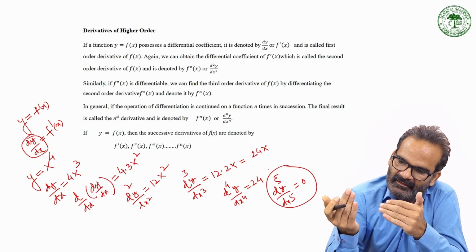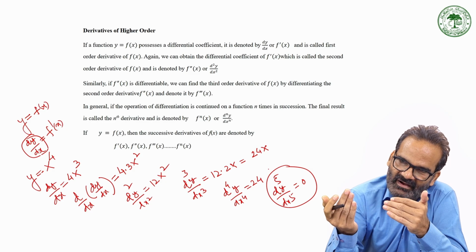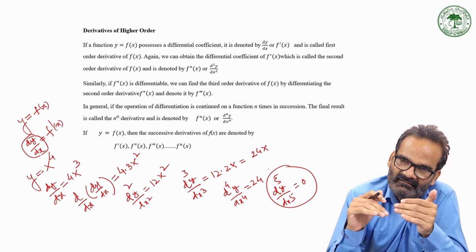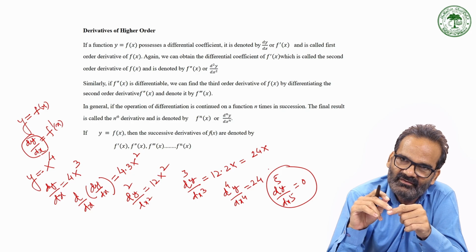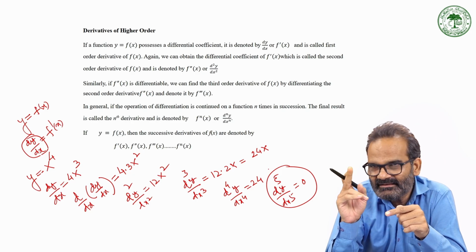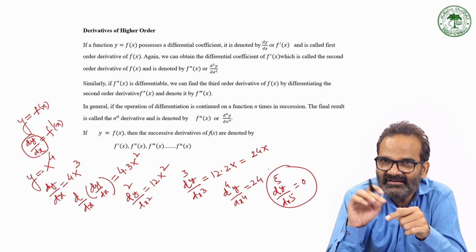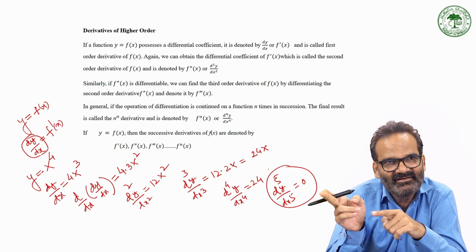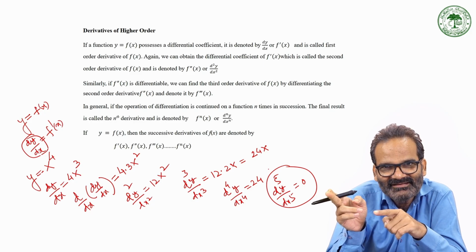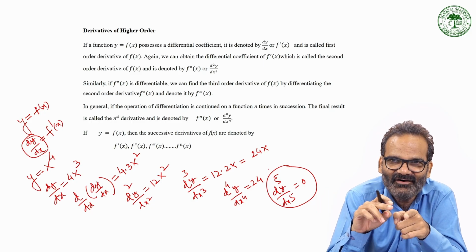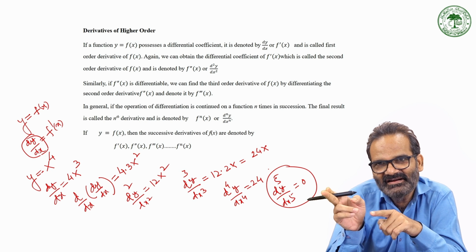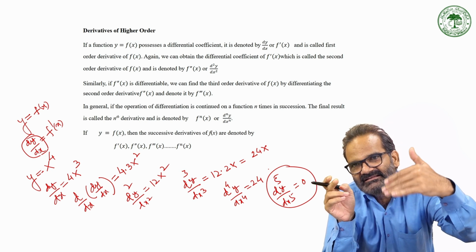Second thing, if you are given a function and you find its derivative, it is called the derivative of order 1. If you take the derivative of the derivative of order 1, you get the derivative of order 2. Taking the derivative of order 2 gives the derivative of order 3, and so on.